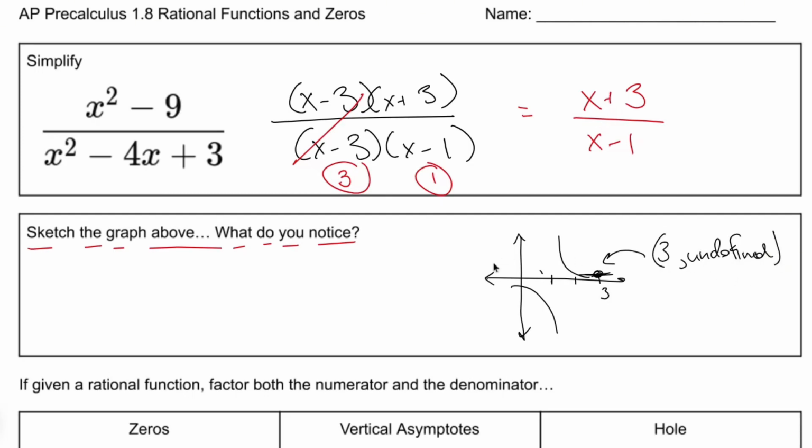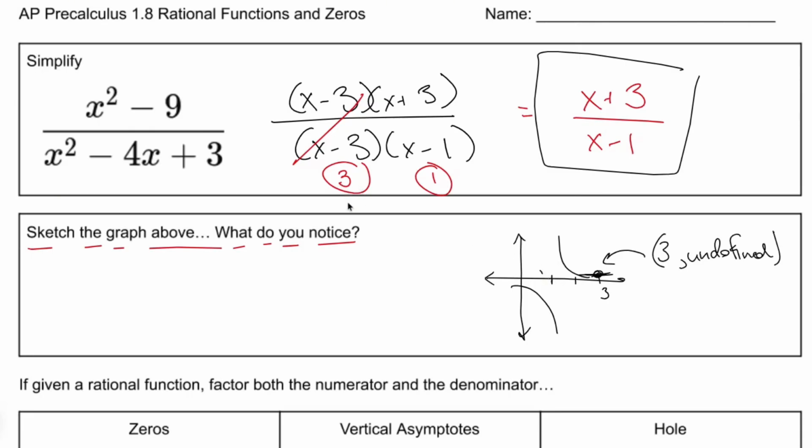Oh, you know what? These guys cancel out. So it would make sense, I guess, that even though they cancel out, you still can't plug 3 into the original problem. However, since they cancel out, it's not going to behave this way. It's going to behave that way. So the explosion is still going to happen at 1, but you still can't plug in 3.